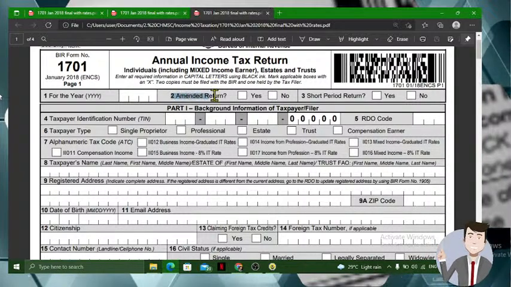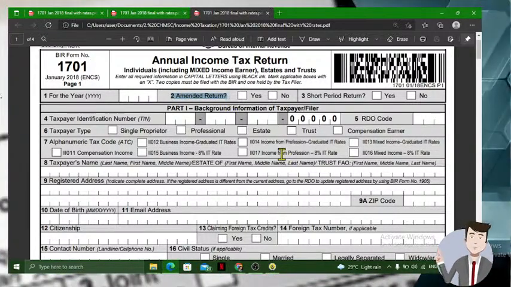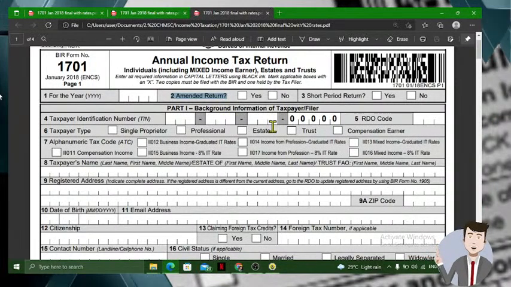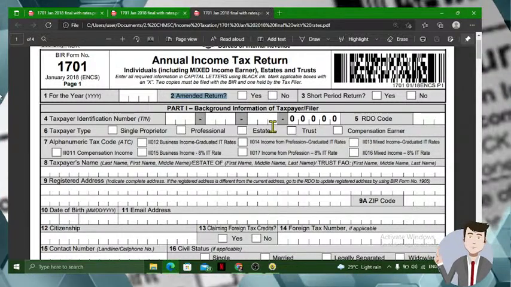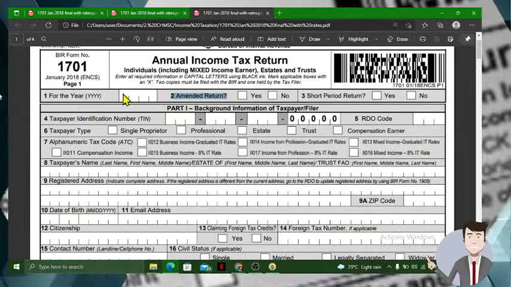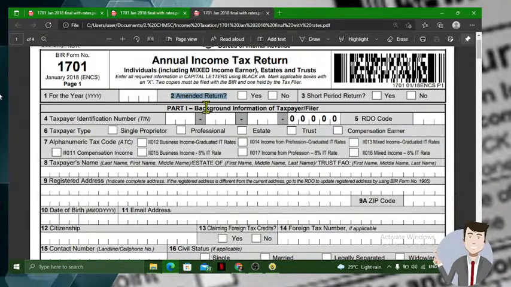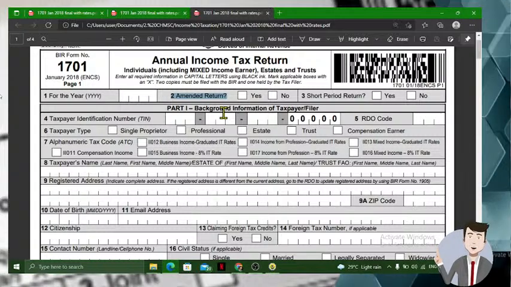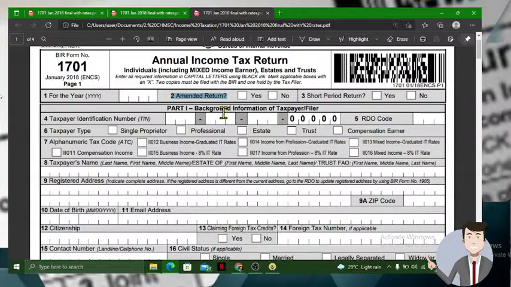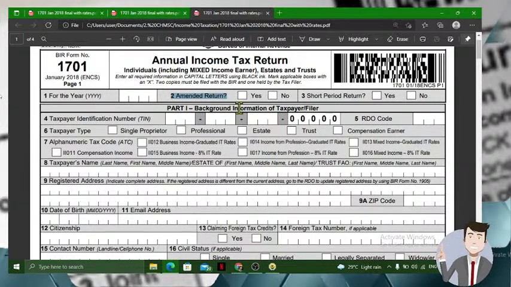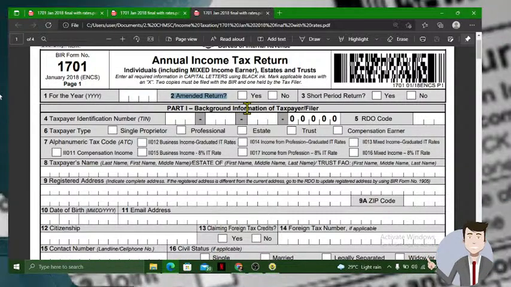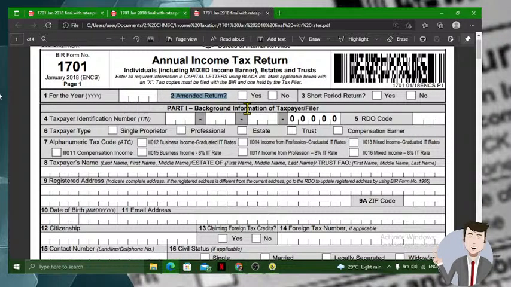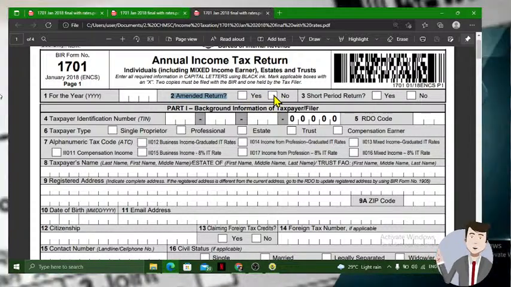Number two, you are asked if this is an amended return, because guys, the first filing will be considered the original filing, and subsequently, after you file BIR Form 1701 within the same taxable year, it will automatically become an amended return if you are utilizing eFPS or eBIR forms. But in the case of manual filing, if ever the BIR will allow you to make a manual filing, you have to indicate an X mark.